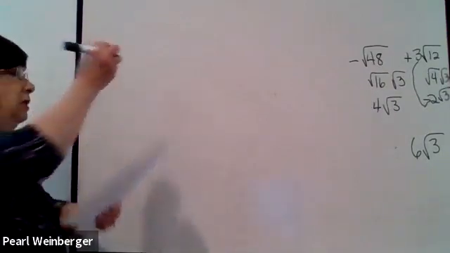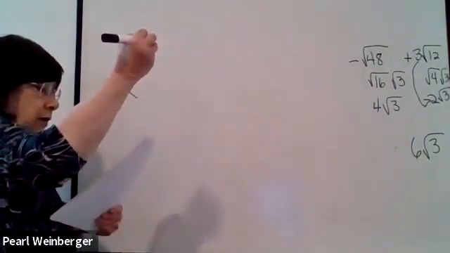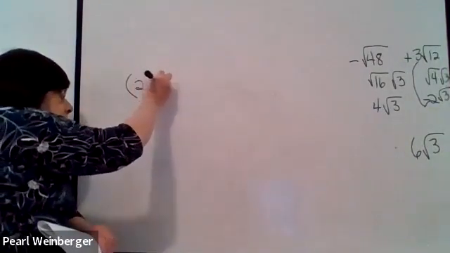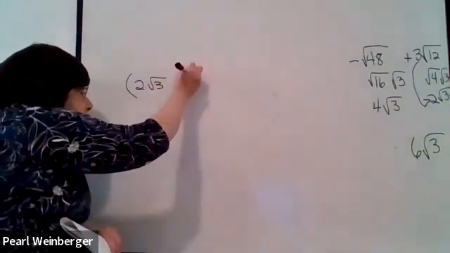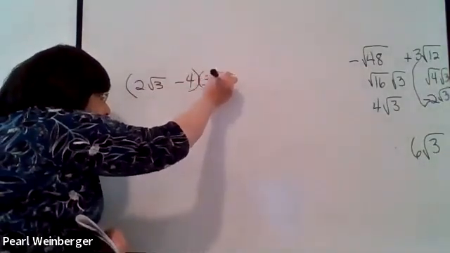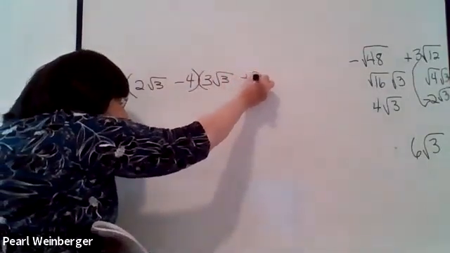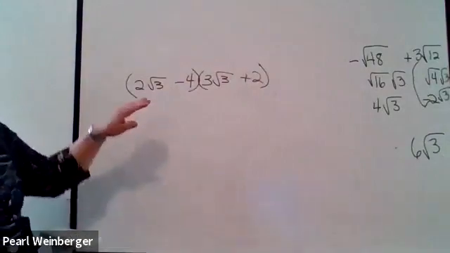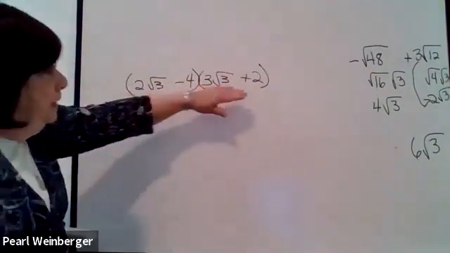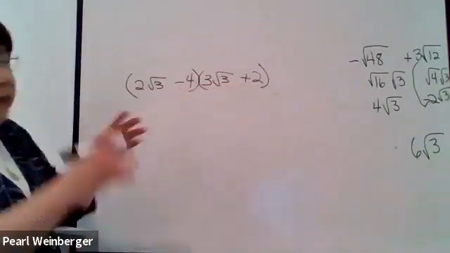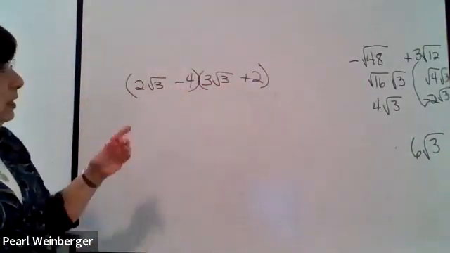In other words, if I were to multiply 2 radical 3 minus 4 times 3 radical 3 plus 2, for example. Notice these are 2 binomials because we have either a plus or a minus between the 2 terms.